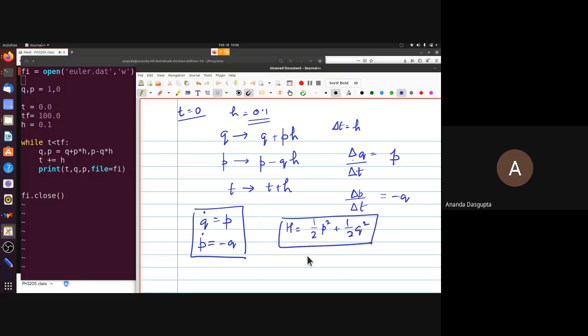Or, as should be pretty familiar to all of you, this is really the simple harmonic oscillator without those omega, m etc. factors. They have all been put equal to 1.